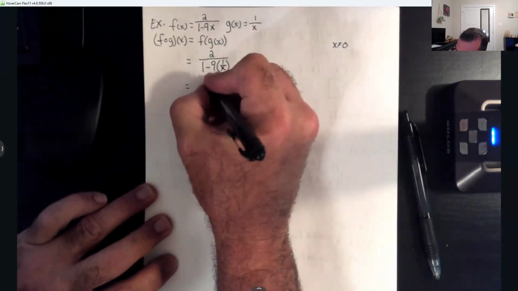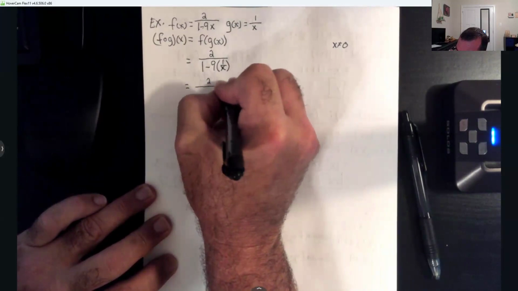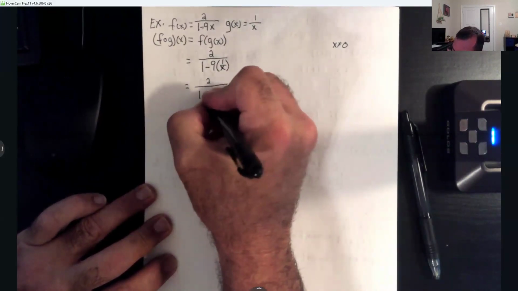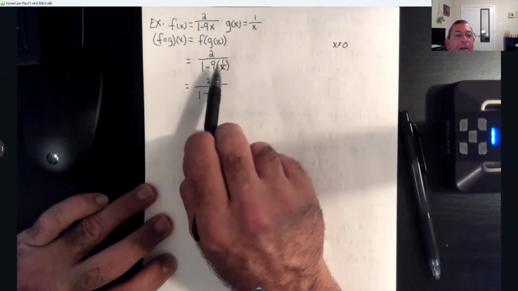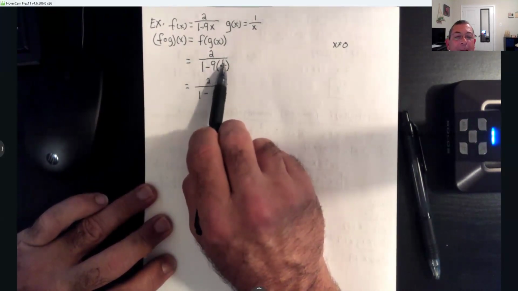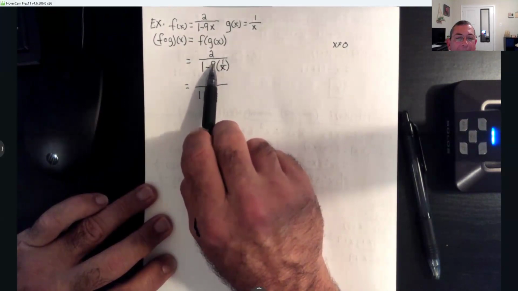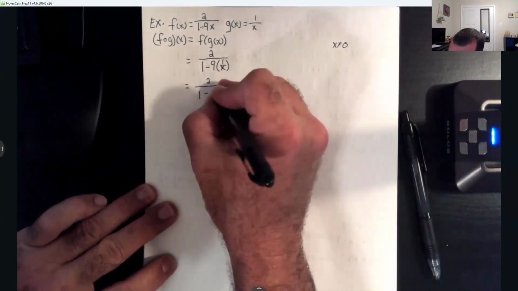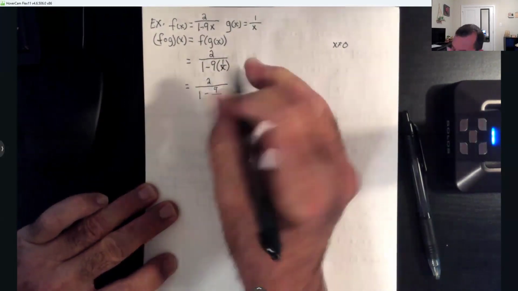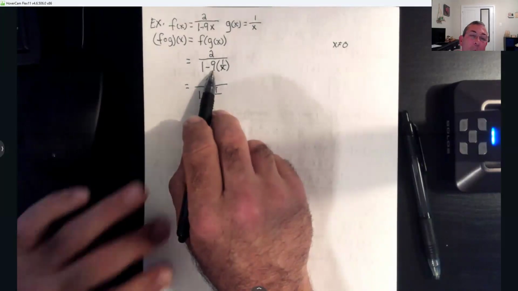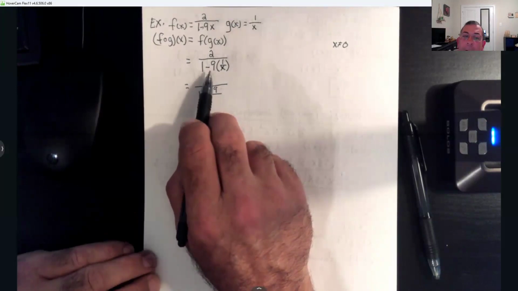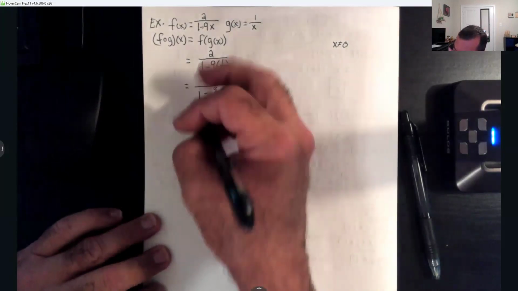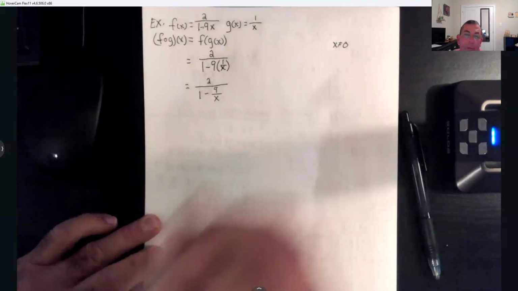So your 2 will stay on top. And I have my 1 minus. So y'all, when you multiply a whole number times a fraction, the whole number multiplies times the top. So I would do the 9 times 1 and get a 9 on top. Because we treat the bottom like it's a 1. Any number that don't have a number under it has a 1 under it. So 1 times x will give me my x.